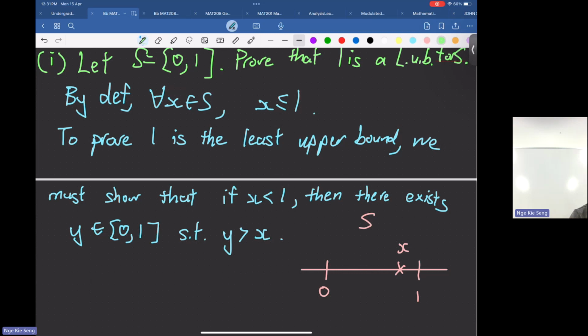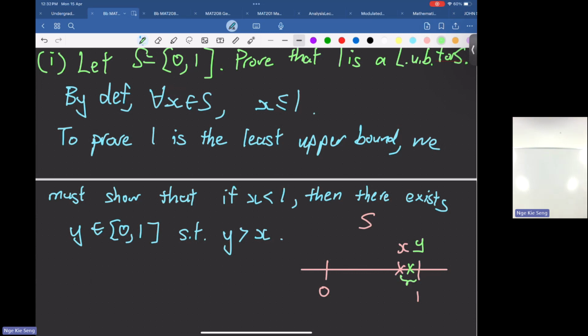Okay, so you need to somehow find this y, depending on x. How to find it? You need to somehow, how to say, cleverly use the distance between x and 1.